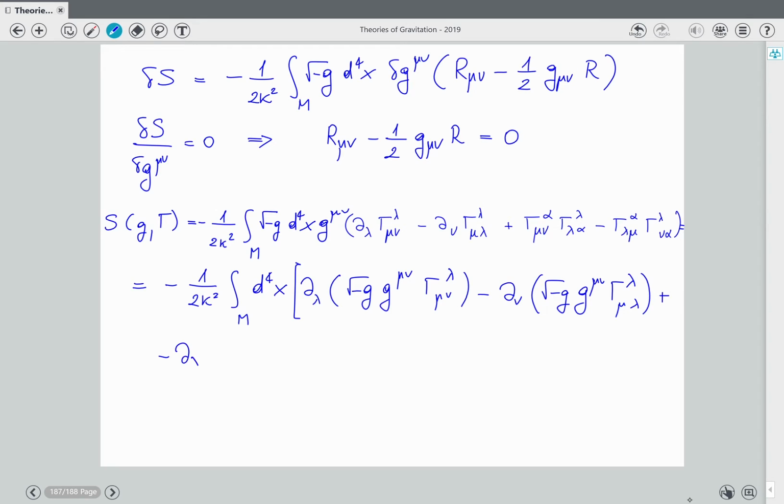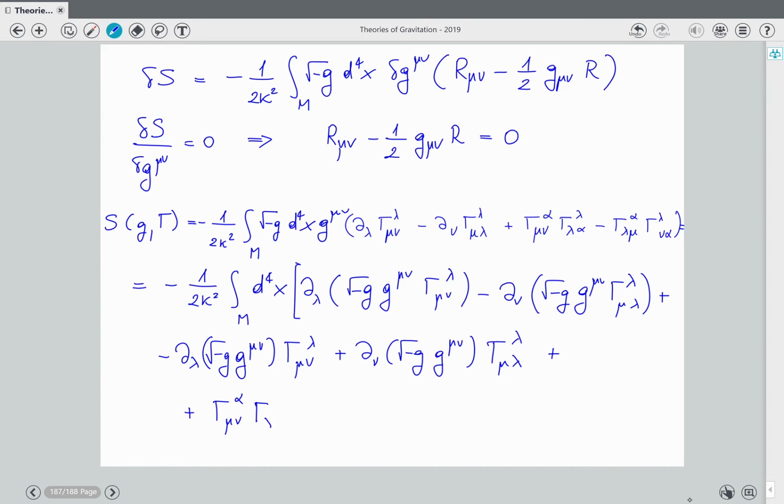So we subtract ∂_λ √(-g) g^{μν} Γ^λ_{μν}, and then we add ∂_ν √(-g) g^{μν} Γ^λ_{μλ}. And the final quadratic terms remain identical to what they are: Γ^α_{μν} Γ^λ_{αλ} minus Γ^λ_{μα} Γ^α_{λν}.